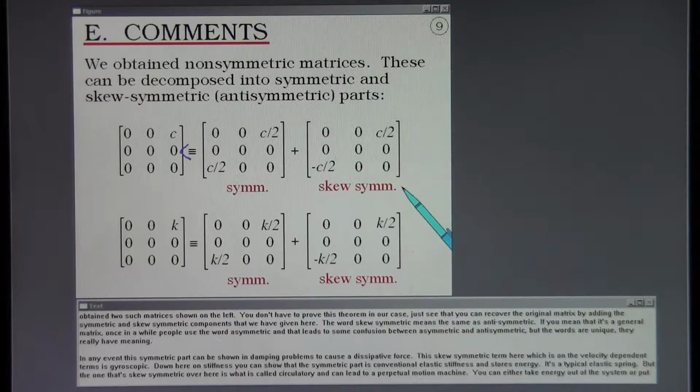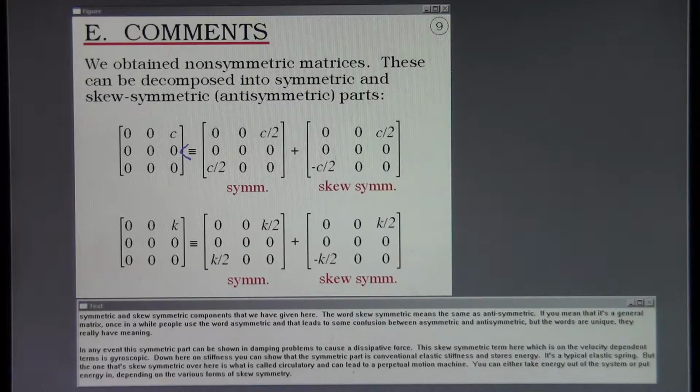If you mean that it's a general matrix, once in a while people use the word asymmetric, and that leads to some confusion between asymmetric and anti-symmetric, but the words are unique. They really have meaning. In any event, this symmetric part can be shown in damping problems to cause a dissipative force.